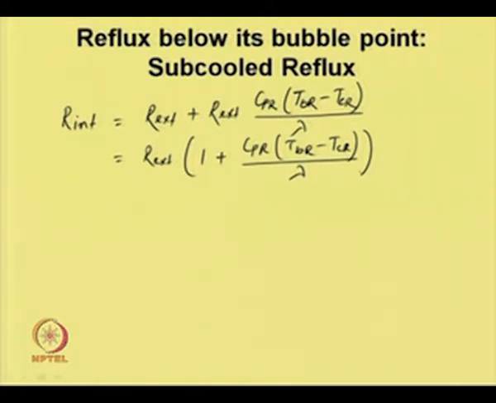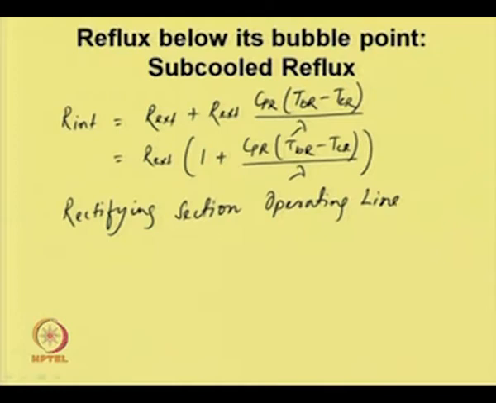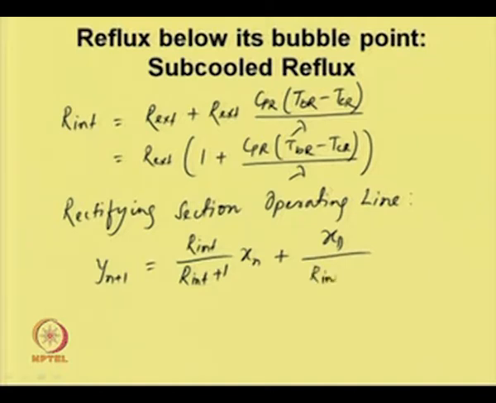So, the rectifying section's operating line: y_{n+1} would be equal to R_internal divided by R_internal plus 1 times x_n, plus x_D divided by R_internal plus 1.